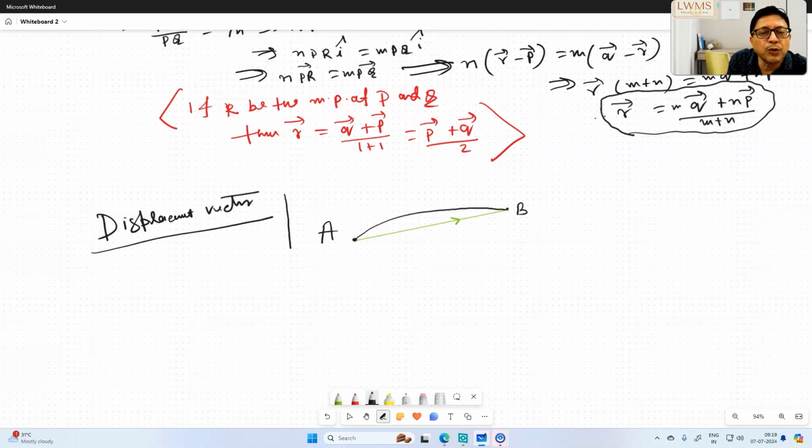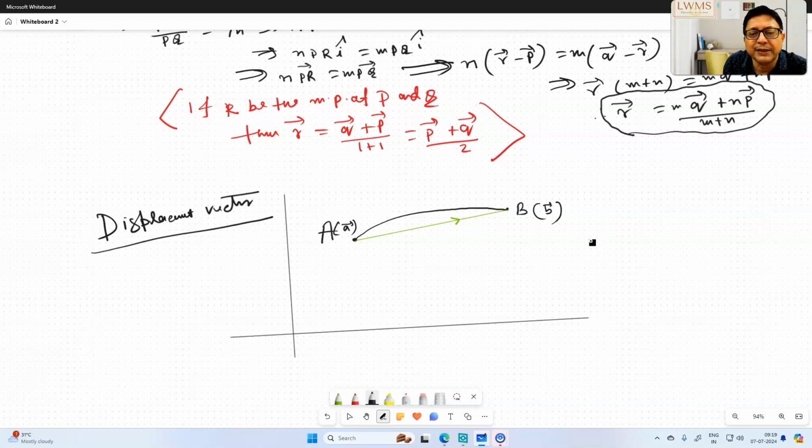In a 2-dimensional coordinate system, this point might have a position vector A. We are taking A, and this one B. You join O to A. You join O to B also. Now this displacement vector, like the previous concept, AB displacement vector.